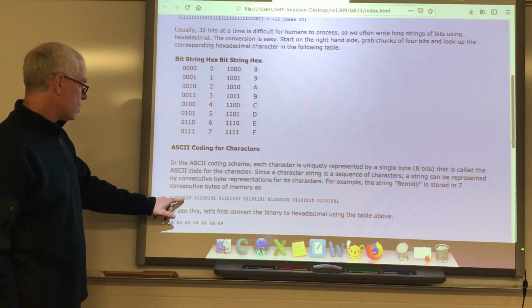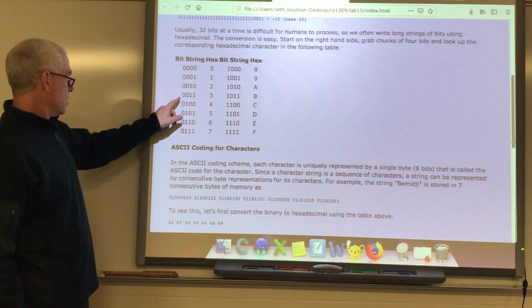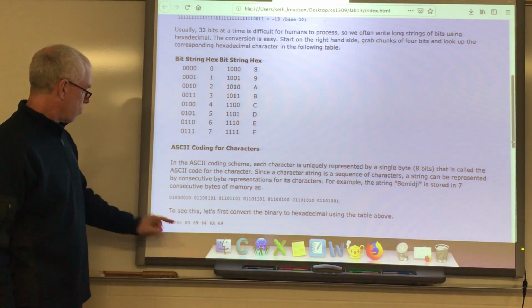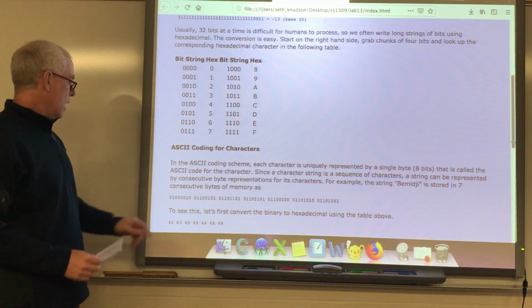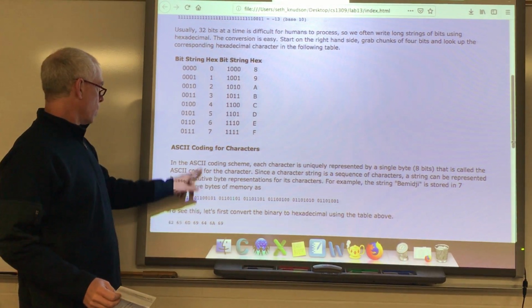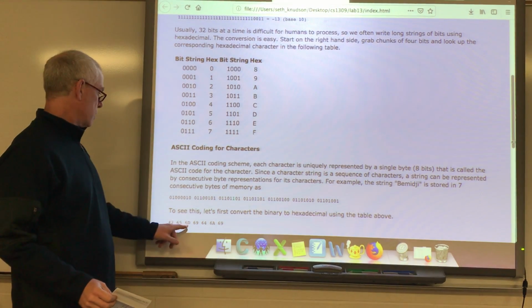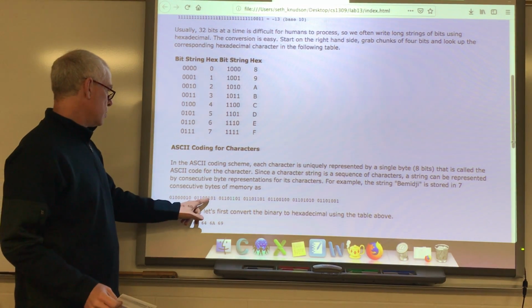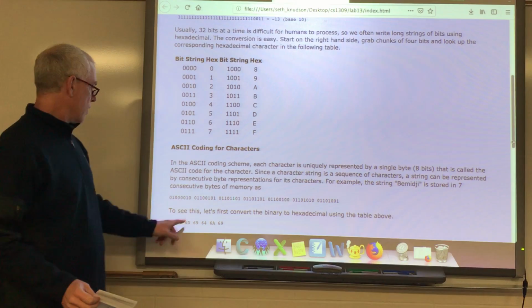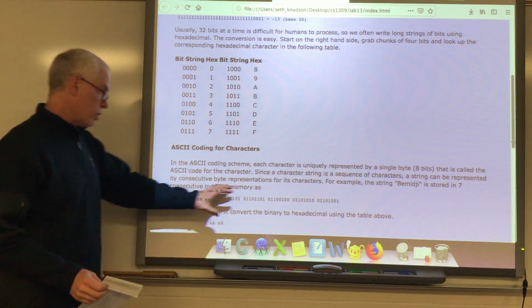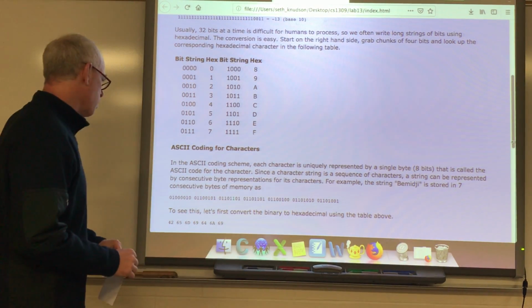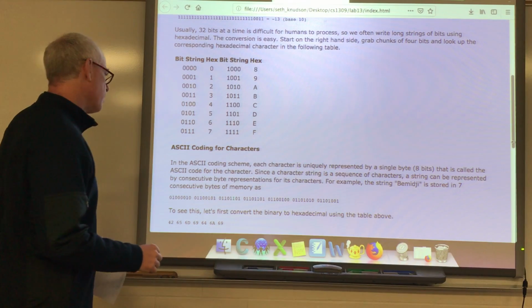The next 4 is 0, 0, 1, 0, which is a 2, so 4, 2. Then 0, 1, 1, 0 is a 6, and 0, 1, 0, 1 is a 5, so 6, 5, etc. We're just plugging these out of here. I think there is one mistake in here.